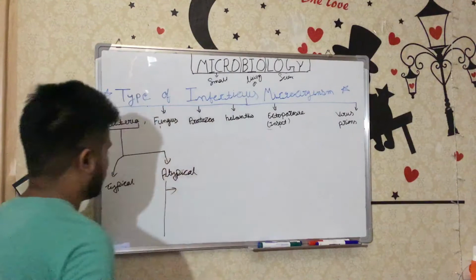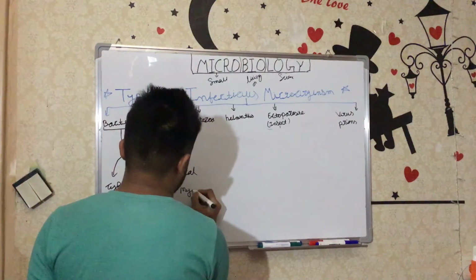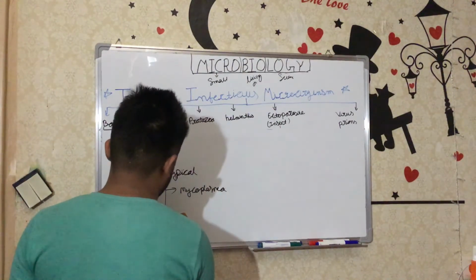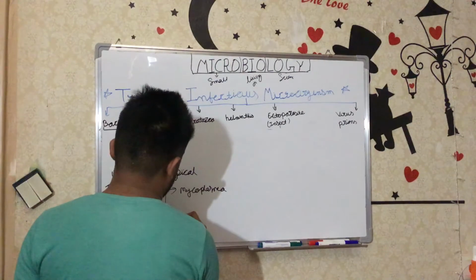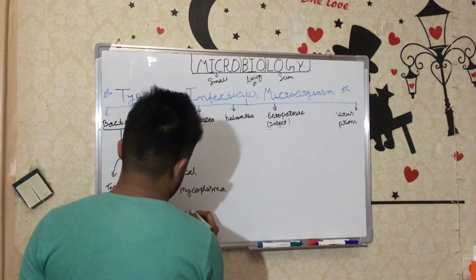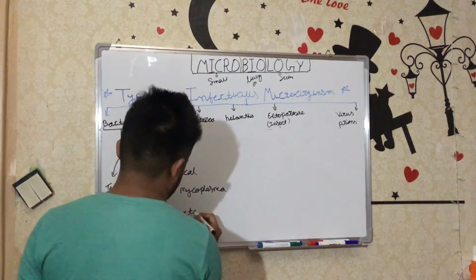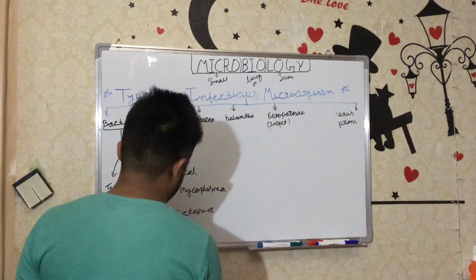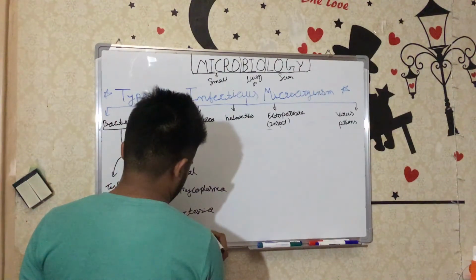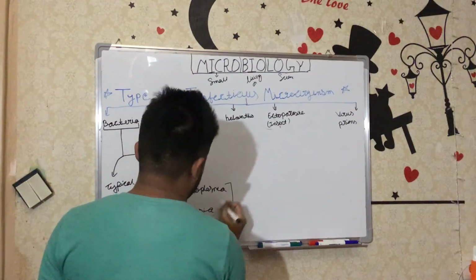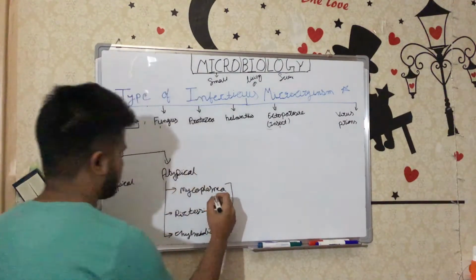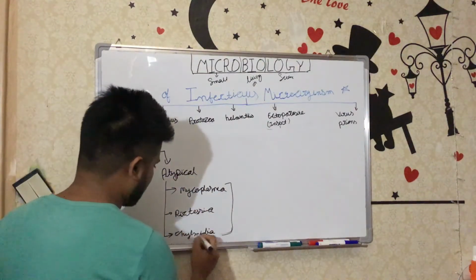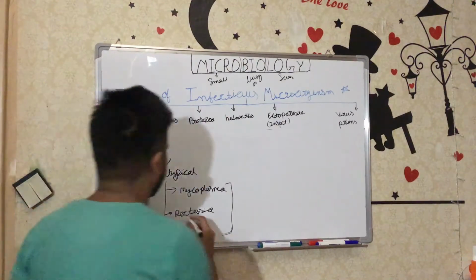Atypical includes mycoplasma, rickettsia, and chlamydia. This is the group of bacteria, for example Mycoplasma pneumoniae and so on, rickettsia and chlamydia. These three belong to the atypical.